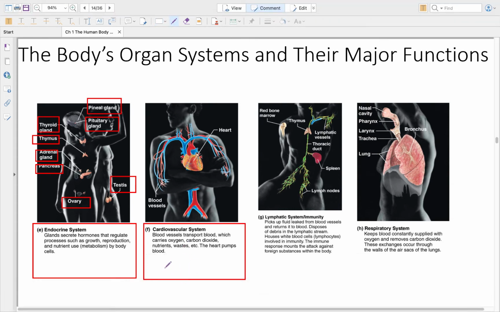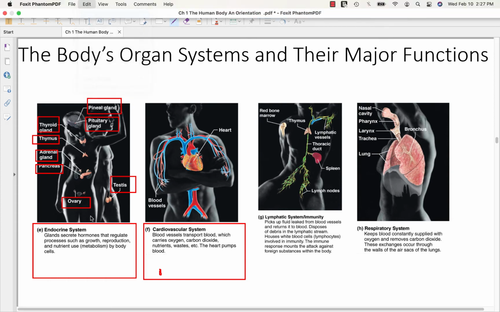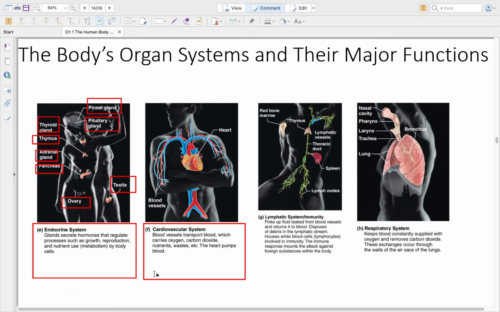The job of the cardiovascular system is to deliver oxygen and nutrients. I'm just going to put oxygen right here, O2, and nutrients. Okay, and it has to deliver them to every single cell in your body.